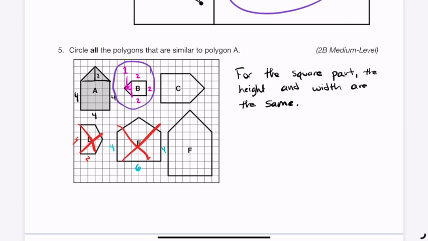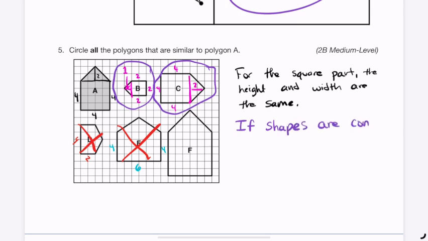Okay, for C, C is the exact same size. This is congruent. 4, 4, 4, 2. That is also correct. I'm going to make a note about that. If shapes are congruent, they are also similar.